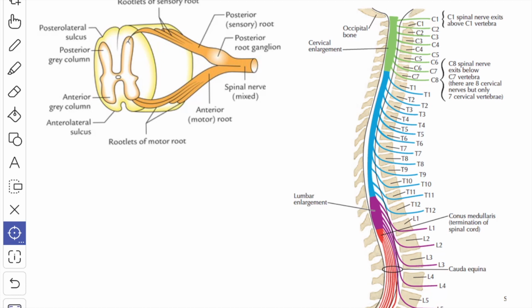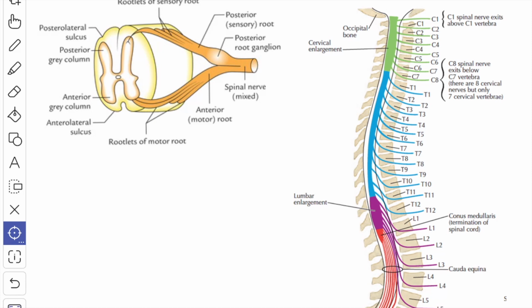The cervical nerve leaves the vertebral canal above the corresponding vertebra, with the exception of the 8th cervical nerve, which emerges between the 7th cervical vertebra and the 1st thoracic vertebra. The remainder of the spinal nerves emerge below the corresponding vertebrae.